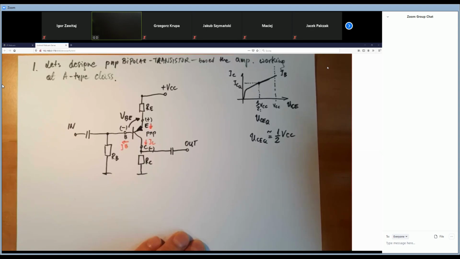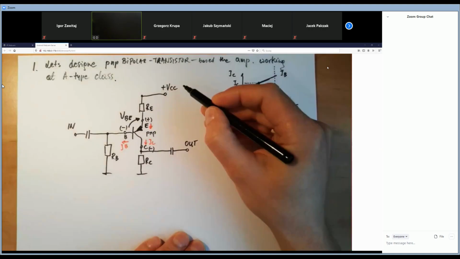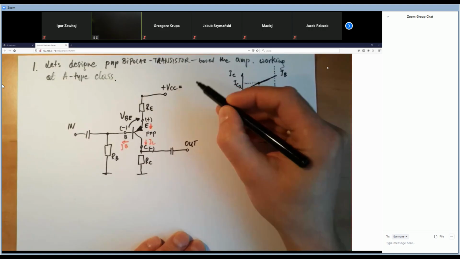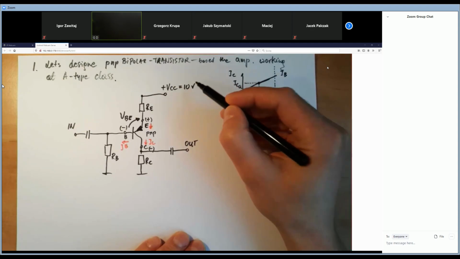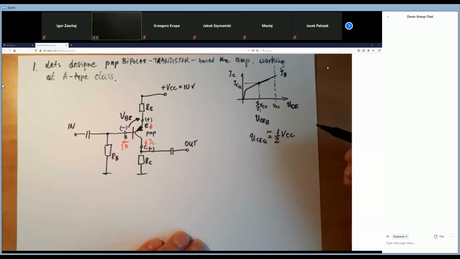We use maybe not a reference voltage circuit, but a voltage stabilizer, and we fix the VCC value at 10 volts, for example. So the first thing, the VCC for us is 10 volts. It depends on us. We choose 10 volts. Great.